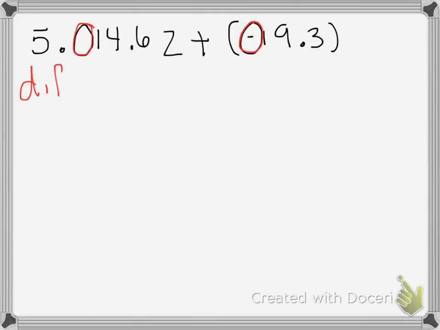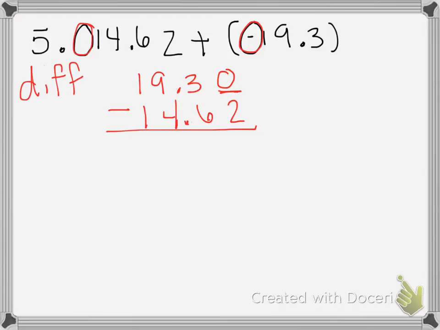Since they are different, that means we subtract the numbers. So we're going to subtract 19.3 and 14.62. When we subtract decimals, we don't subtract across. We have to subtract down, and we line up our decimals and fill in our 0 places. I need to borrow from the 3. 10 minus 2 is 8.